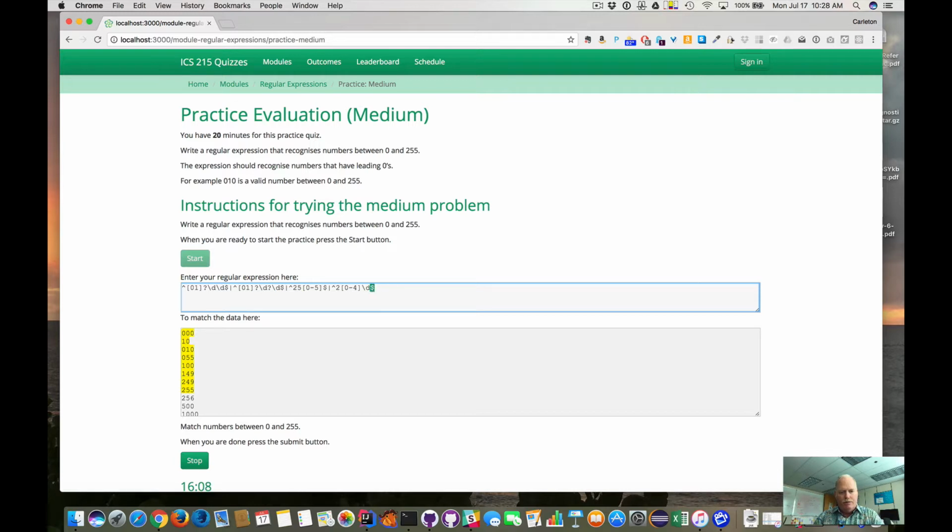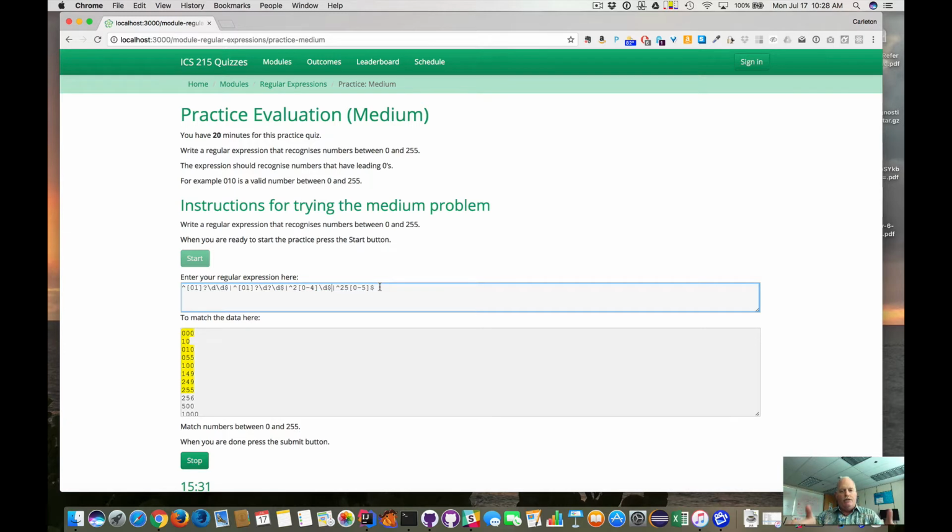So I should probably move that here. So we can see how this is matching 0 and 1, two-digit numbers. So that's from 0 to 199. This gives us the 0 to 199, but maybe only single-digit numbers. And then this gives us the 200 to 249, and then we have our 250 through 255.